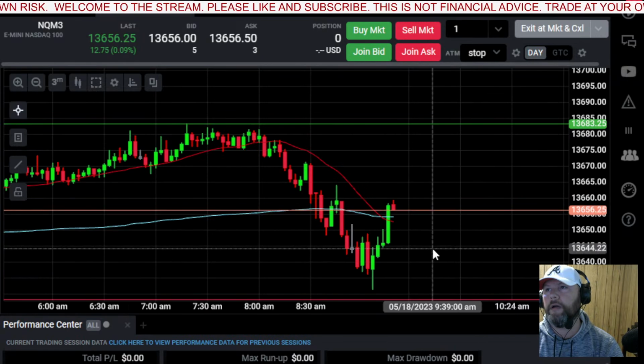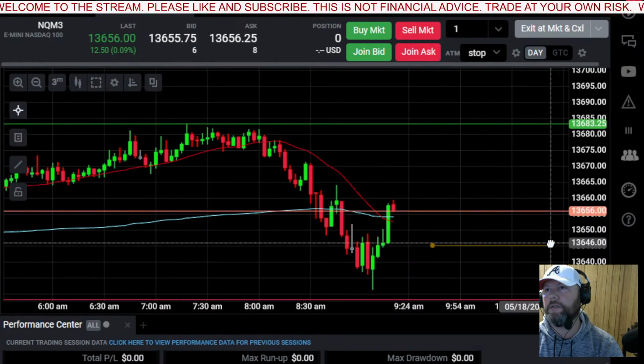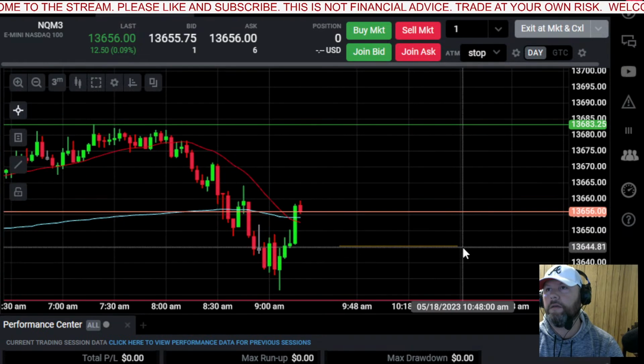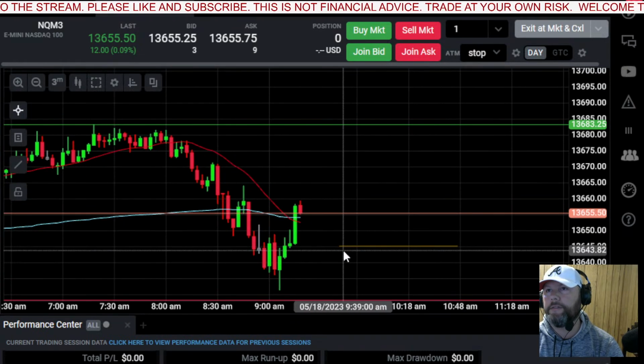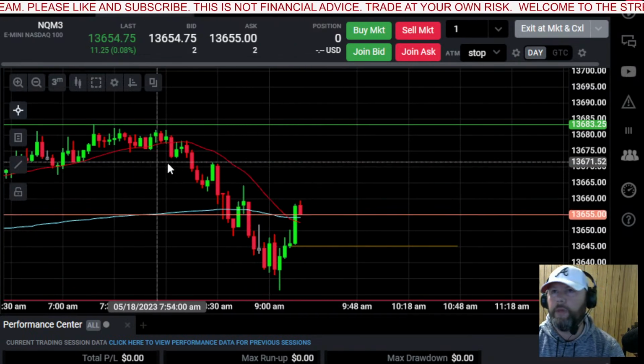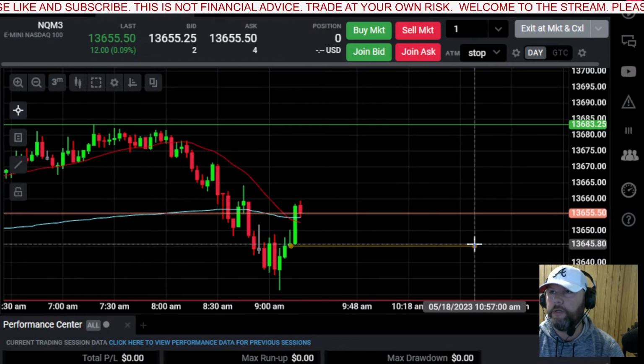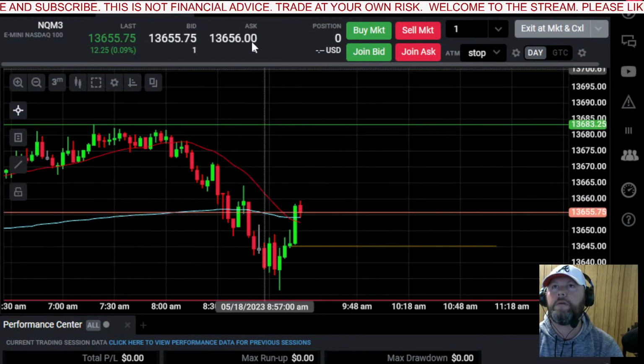Let's kind of mark out the 45 level here. Just kind of know that's where that gap is. Doesn't matter that we went below the gap here. This is still pre-market. We're only looking at the gap to be filled at the open.